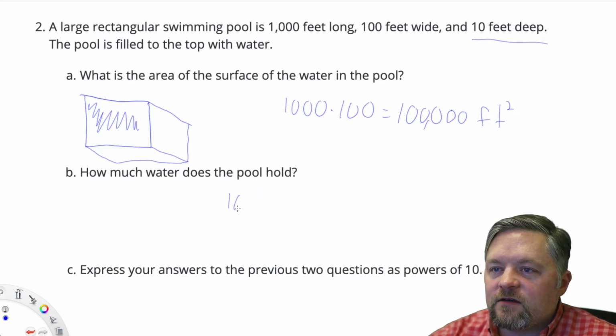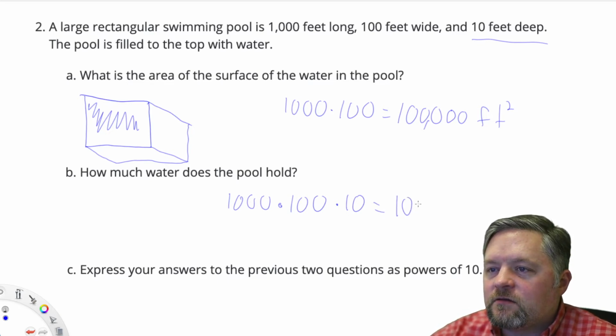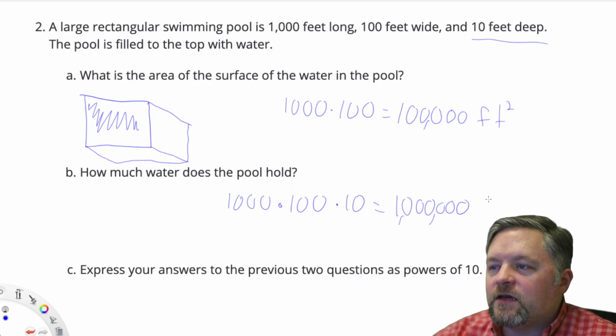So we need the 1,000 feet long times 100 feet wide times 10 feet deep, which is $1,000,000 cubic feet.